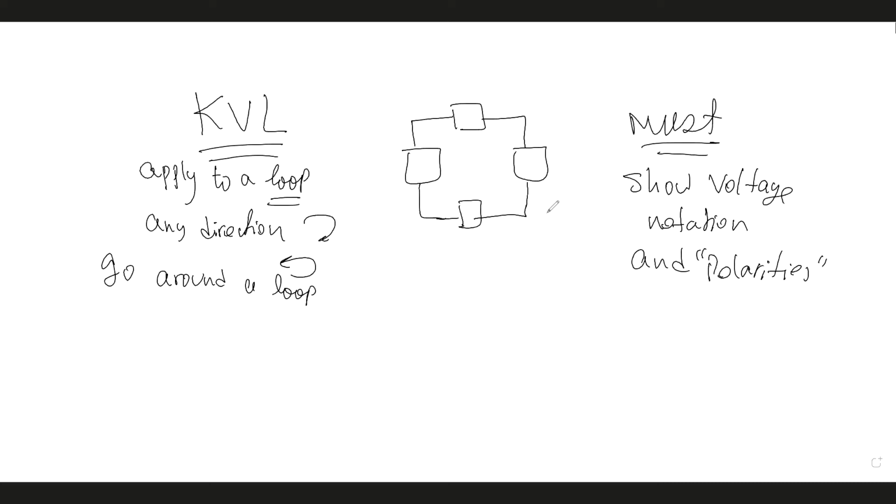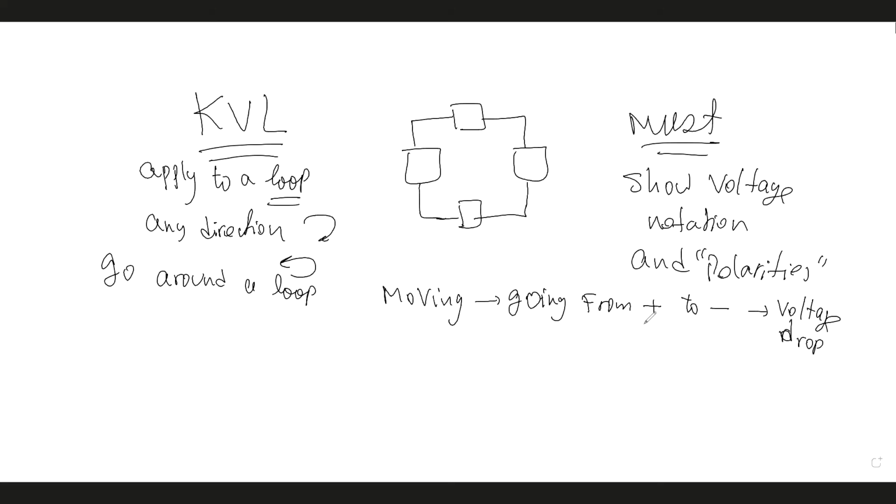Okay. When you're moving, if you hit an element going from plus to minus, regardless of value, don't worry about the value, this is called voltage drop. Sorry, I first said voltage rise, but it is voltage drop.